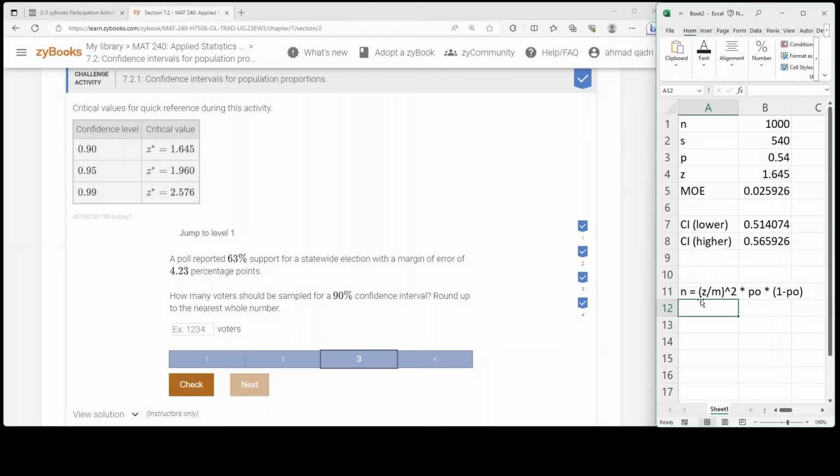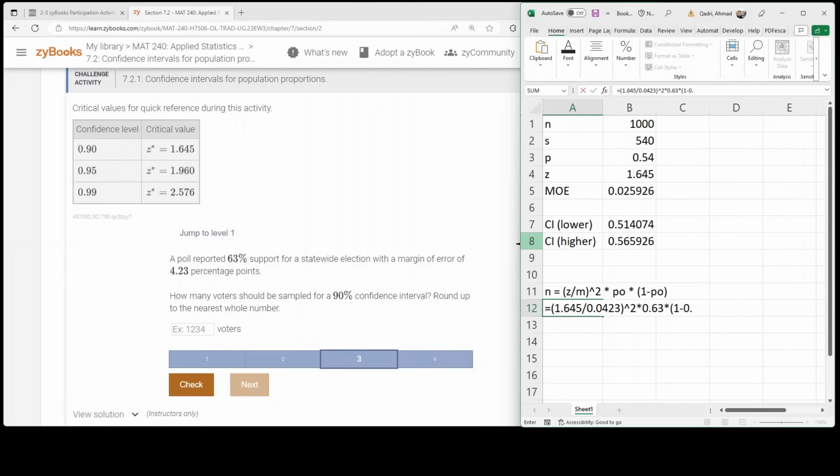All right, so let's calculate this. For 90%, we will use 1.645 over the margin of error, which is 4.23 percentage points. We need to convert this to a proportion, which would be 0.0423. We take the square of that times 0.63 times 1 minus 0.63.